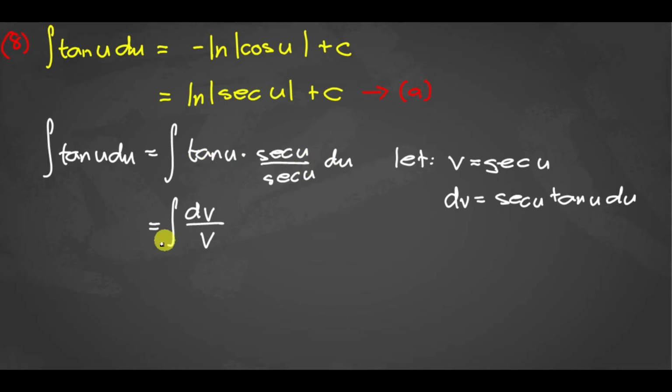Then the integral of dv over v is the natural logarithm of v, in which v is secant u, plus c. We could write our answer in this form, the equivalent integral of tan u du.